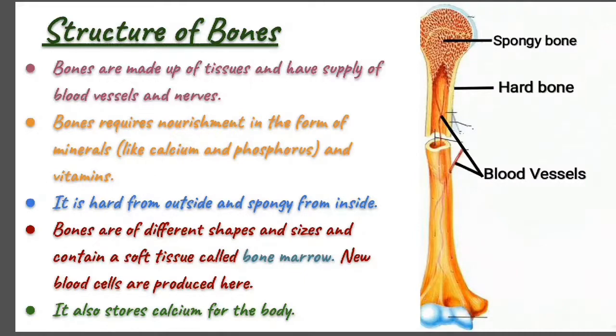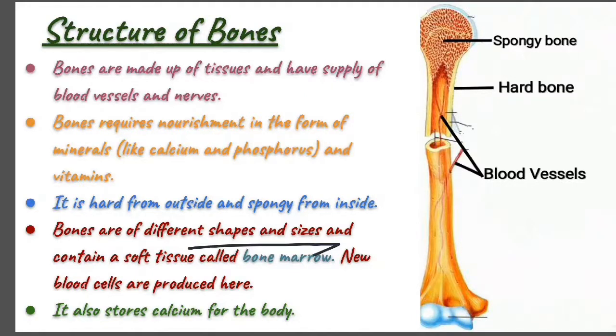Now, bones are of different shapes and sizes. We do not have equal shape and size for all the bones. We have small bones, and we also have the largest bone in our body. I'll talk about all the parts of particular bones, then we will talk about limbs, and then I'll tell you which is the largest bone. That is a further part. Right now, bones have different shapes and sizes and contain a soft tissue called bone marrow.